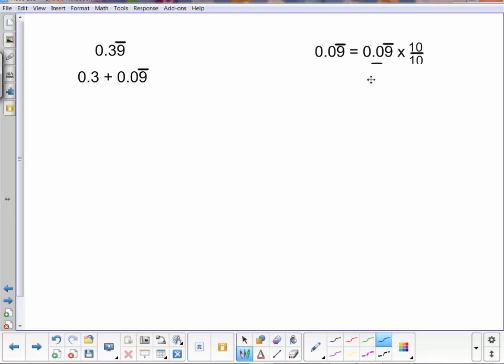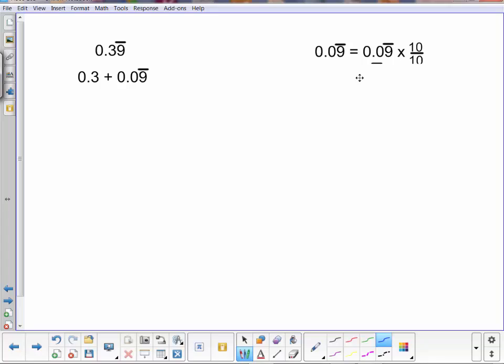Now if I go over here and take a look at this problem, you will note that I can change 0.09 bar into a different format. This different format will be obtained by multiplying this part by the fraction 10 over 10.